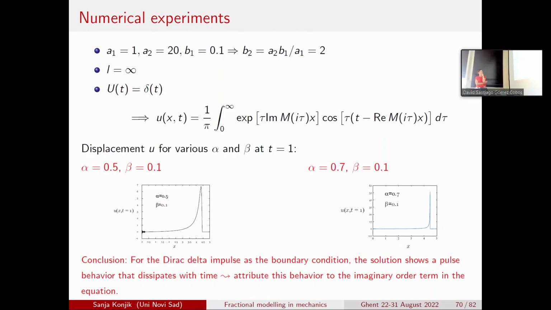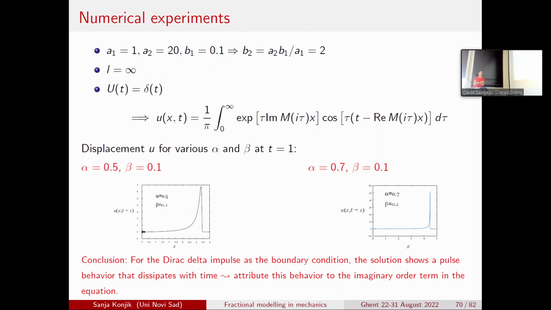And for the boundary condition, remember it was one end of the rod. On one end we prescribed displacement, and we chose that to be a Dirac delta. In that case, the solution to our problem looks like this. Here we choose 2 sets of values for alpha and beta.